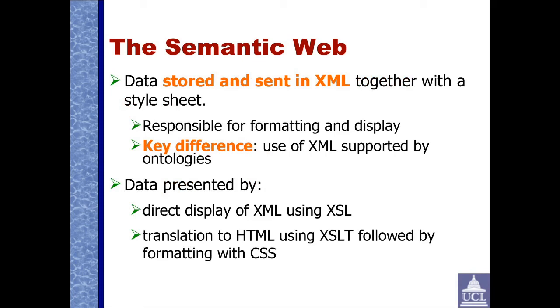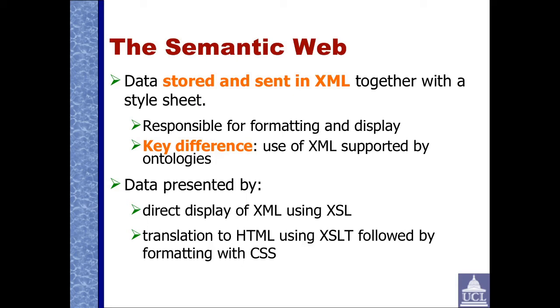The idea then was that all data would be stored and sent in XML together with a style sheet to be able to display those data. That would be responsible for the formatting and display. And the key difference from the normal web was the use of XML rather than HTML, supported by ontologies, in other words, kind of structured dictionaries of what these words mean, what the semantics of the tags are.